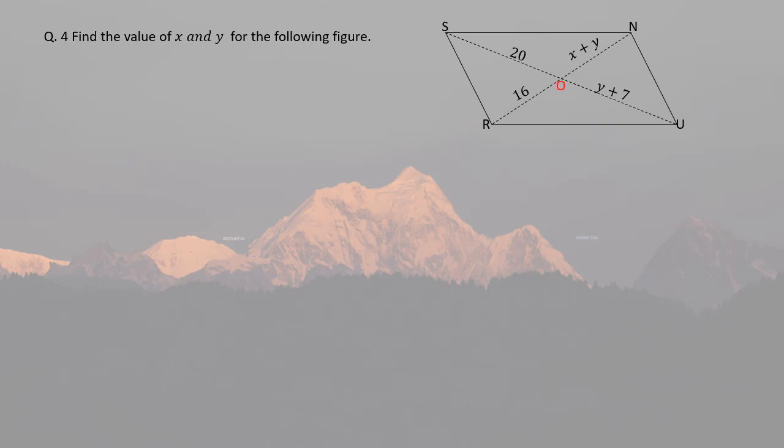If we connect the diagonals and put a mark O in the center, the intersecting point of the diagonals, we get RO, ON, OU and OS. Since this is a parallelogram, the diagonals bisect each other, so we can use that property to solve this figure.